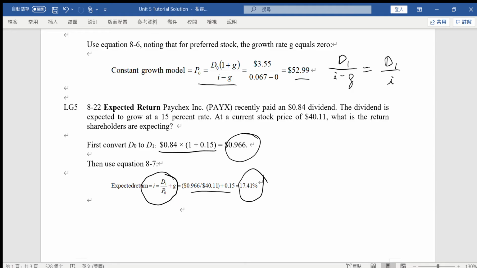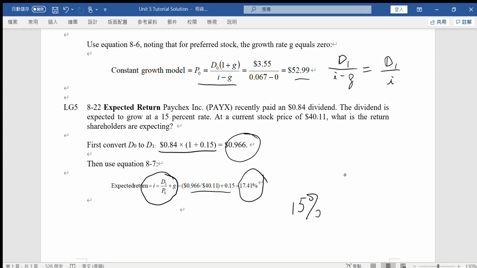Okay, so let's say one of the investors, when he analyzes the company, finds out that possibly this share will only give a 15% return.